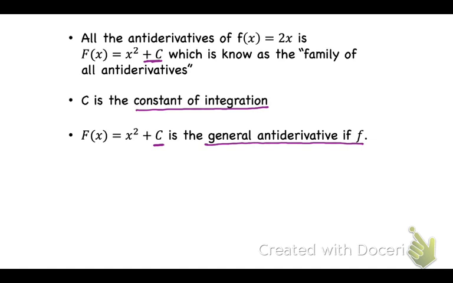Again, why is it called the general antiderivative? Because of that plus c.